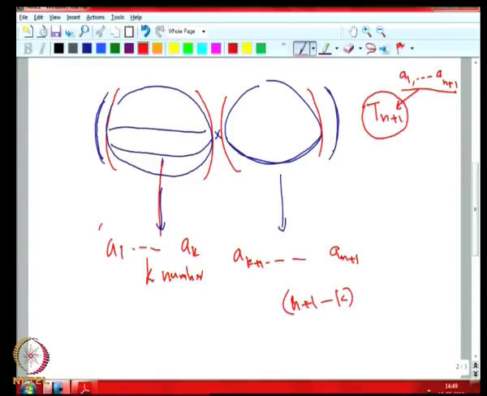So T_{n+1} corresponds to multiplying n plus 1 numbers. As we have seen, for the final multiplication, the first k numbers are multiplied to produce one number, and the remaining n plus 1 minus k numbers are multiplied to produce the second number, and finally we multiply them together. The first can be done in T_k ways and the second in T_{n+1-k} ways. Note that k can go from 1 up to n.